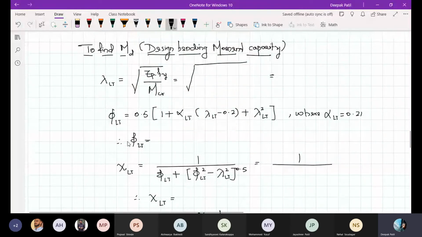So lambda LT is the square root of Zp times Fy divided by Mcr, where Zp is the plastic section modulus provided, not the required one.